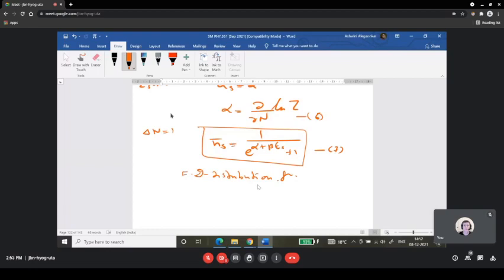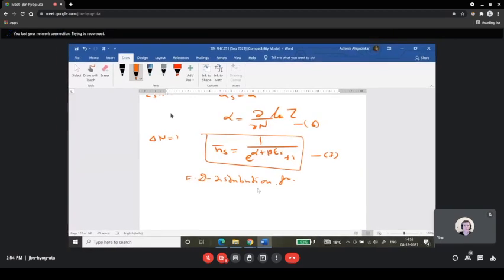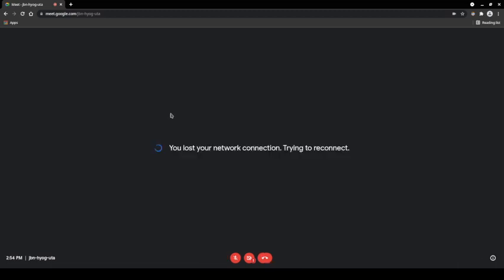Since we have summation over nr to be equal to n, we can write this as summation over r of 1 upon e raised to alpha plus beta epsilon r, plus 1, is equal to n.